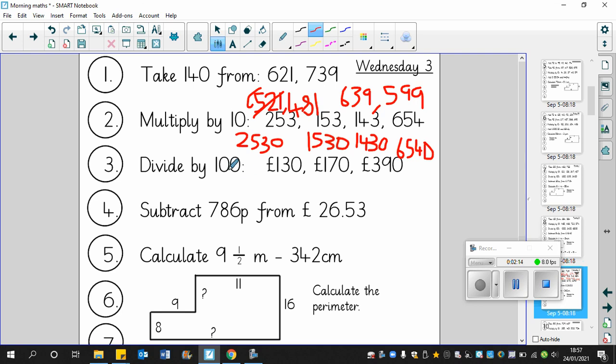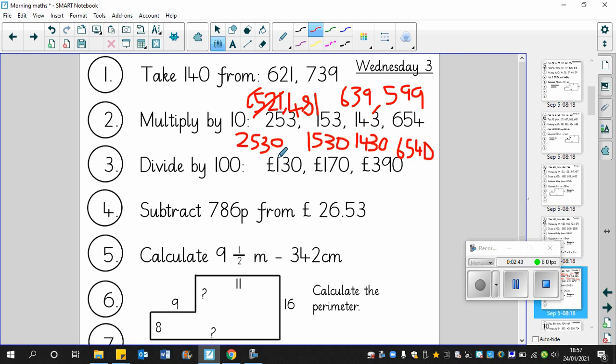Right. Question number 3, divide by 100. You have to be a little bit careful with these because you've got to think about pounds and pence. So I think what we'll do is consider these numbers in a place value table.